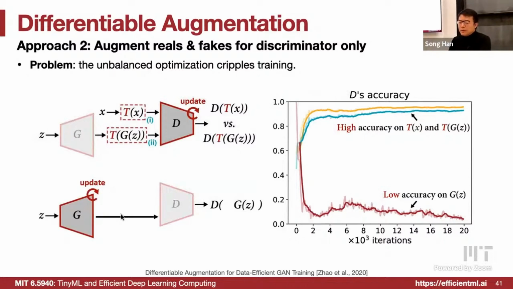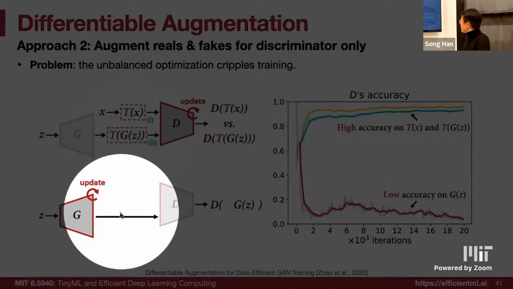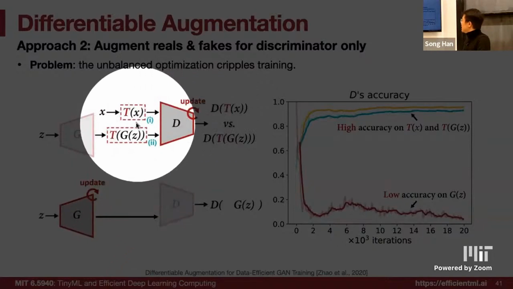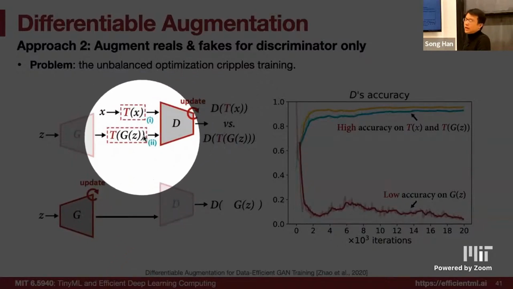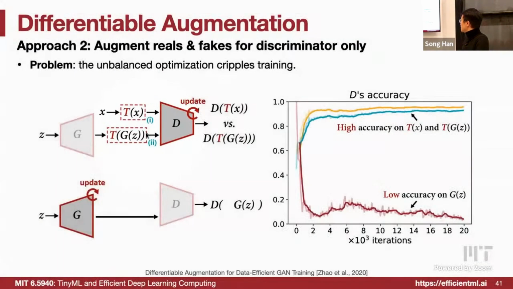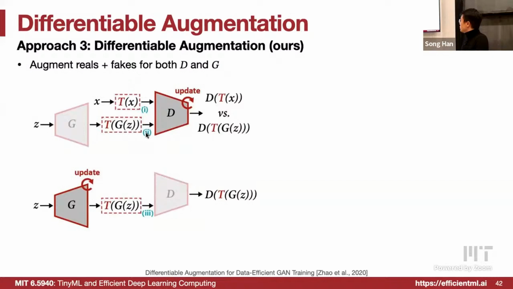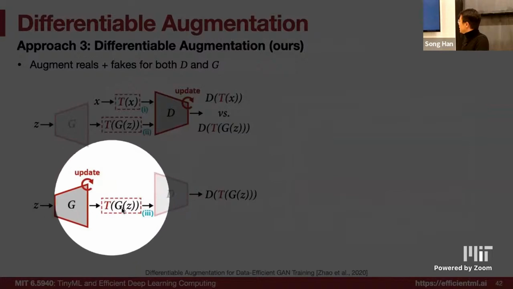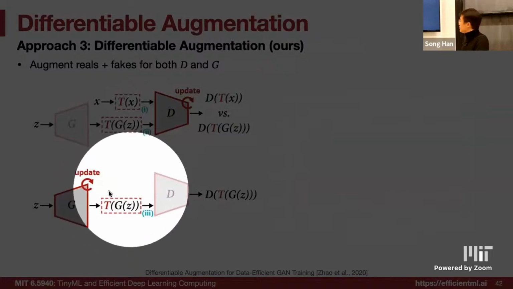This unbalanced optimization makes training very hard, because when we are training the generator, there is no transformation. When we are training the D, it has the translation. So what we need to do is actually apply the same transformation also during the training process of the generator.